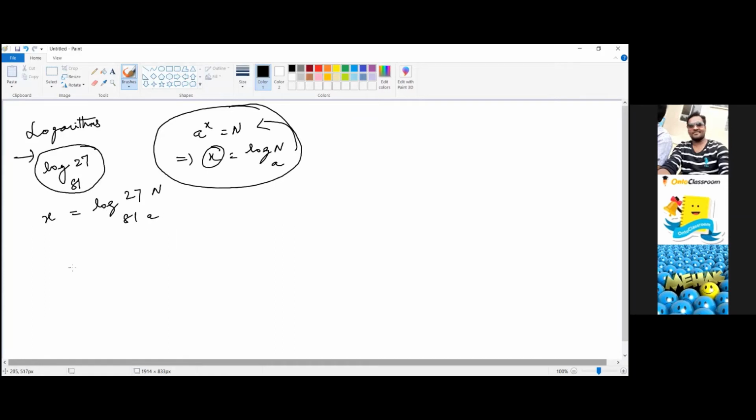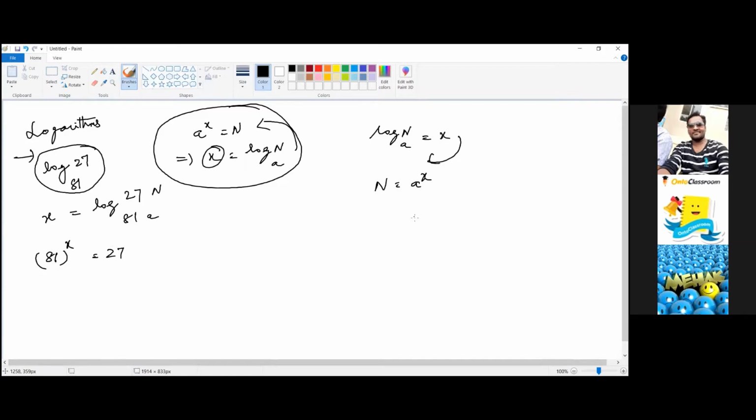So we can take this side as a power x: 81 whole power x is equal to 27. The log we can remove, since log n base a is equal to x can be written in the form n equals a power x.